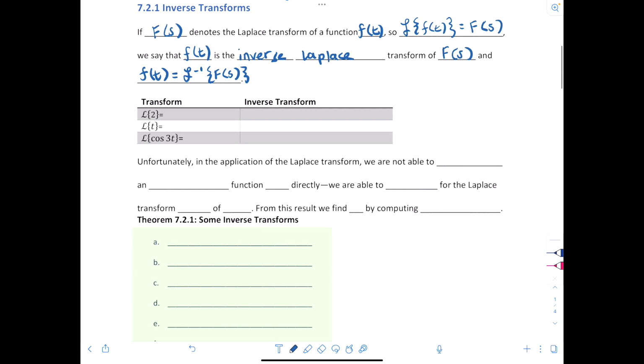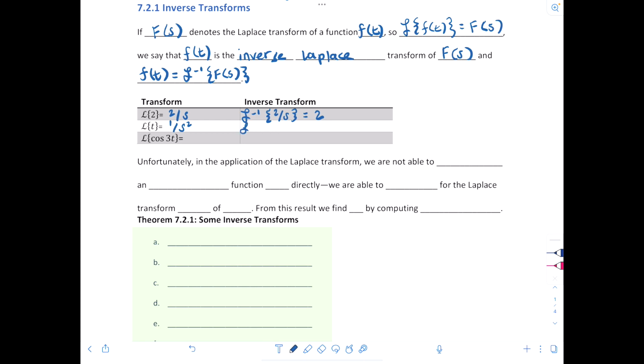So we did a couple of these three examples last time. We got that L at 2 was 2 over S. And so our inverse transform, therefore, will be L inverse at 2 over S is equal to 2. Good? All right, and then similarly, L at T was 1 over S squared.